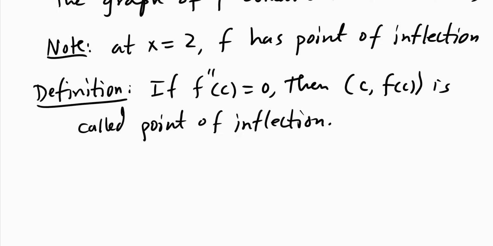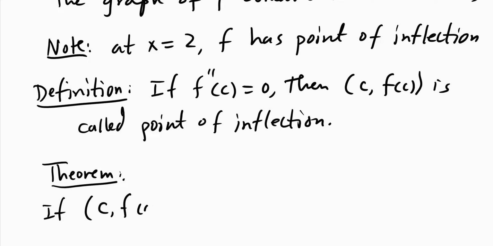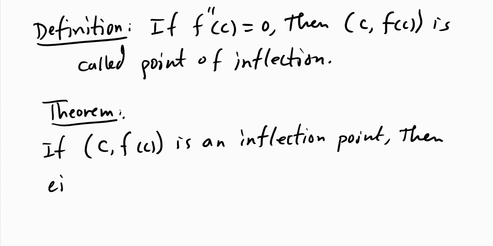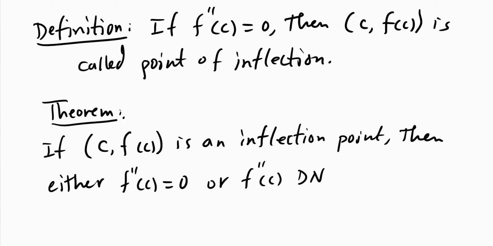And this is followed by a theorem. The theorem says, if the point c, f of c is an inflection point, then either the second derivative at c is 0 or the second derivative at c does not exist.